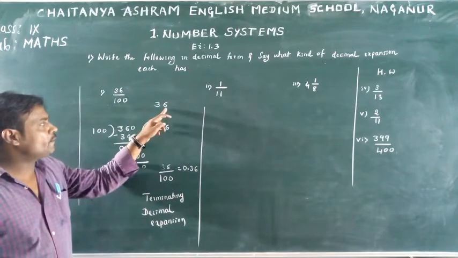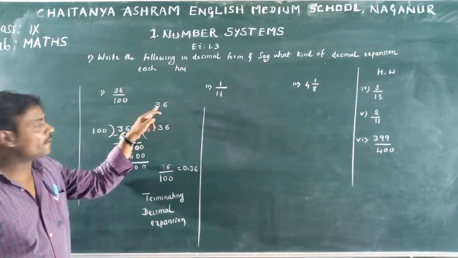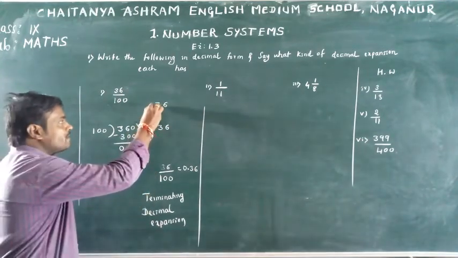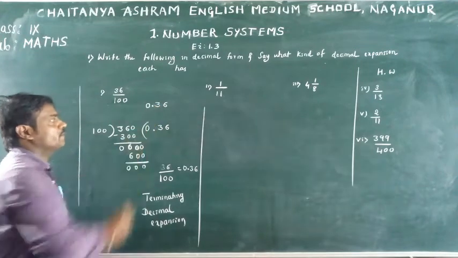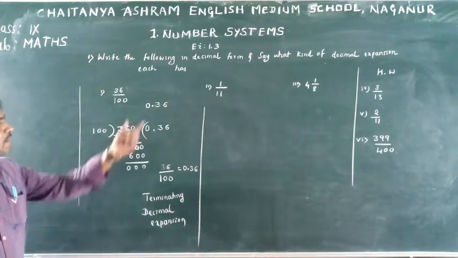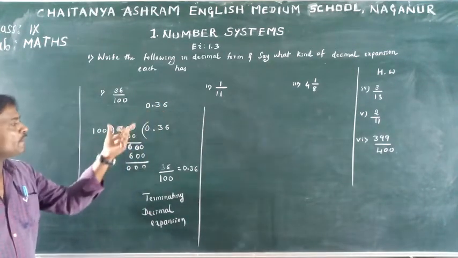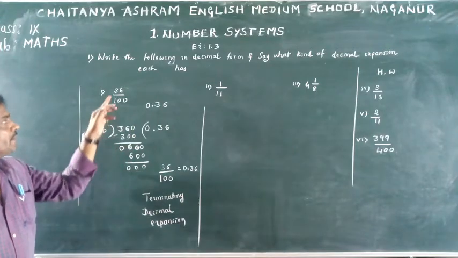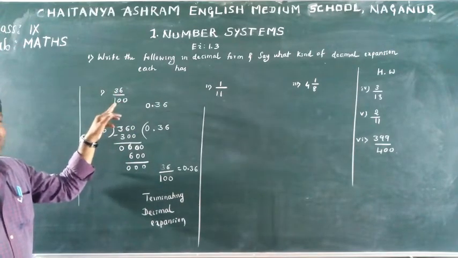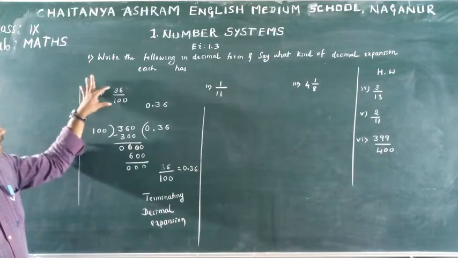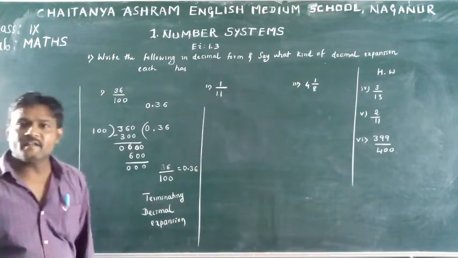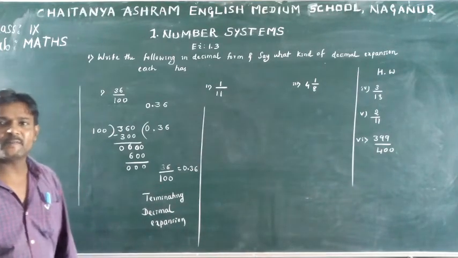So by leaving 2 digits from right to left, put the decimal and write the 0. Yes, this is our earlier knowledge. You need not divide. If the numerator is divided by 10, 100, 1000, we can write them easily as their decimal expansion.